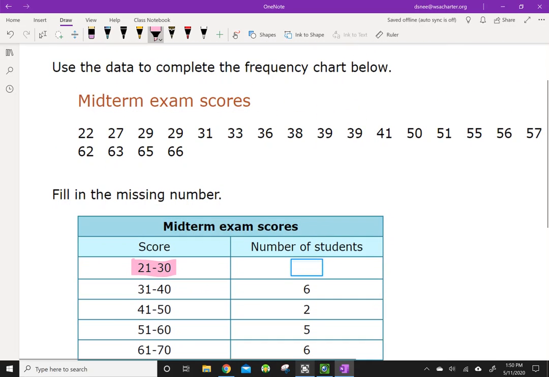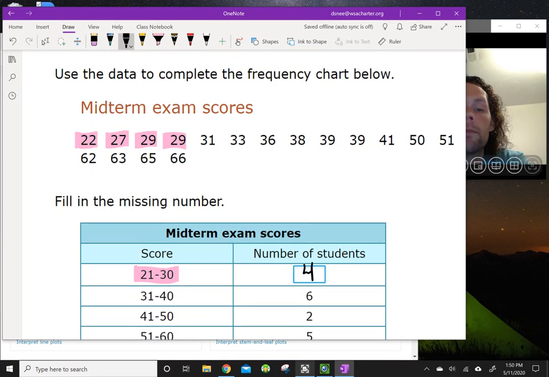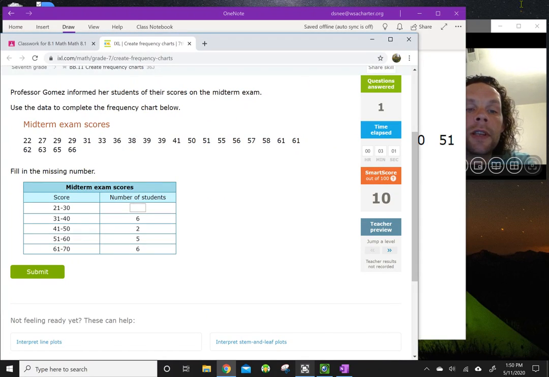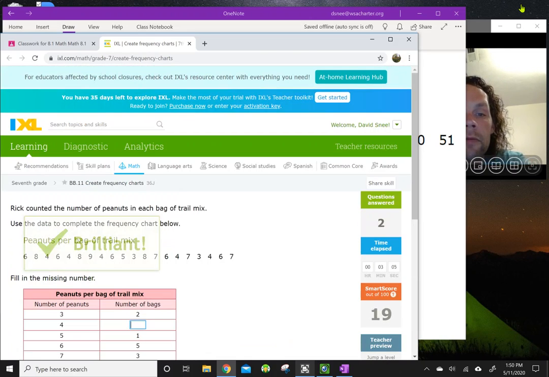We've got to look at this list. 22 is between 21 and 30, 27, 29, 29. And it looks like all of the rest of the values are greater. So I have a frequency of 4. 4 students scored between 21 and 30. I just keep taking snapshots of this because it's really easy to highlight those values and really make it visual.